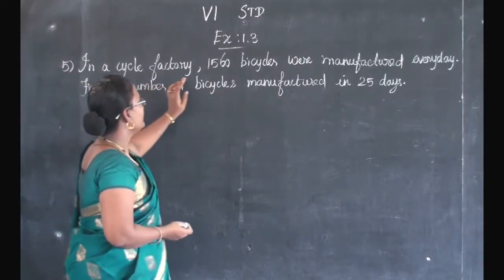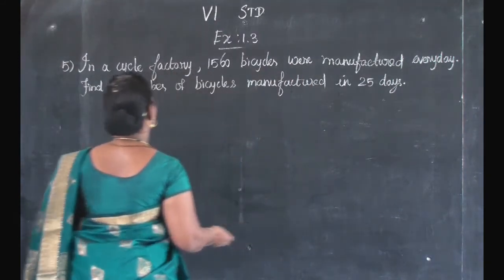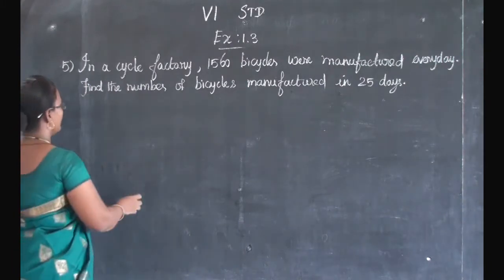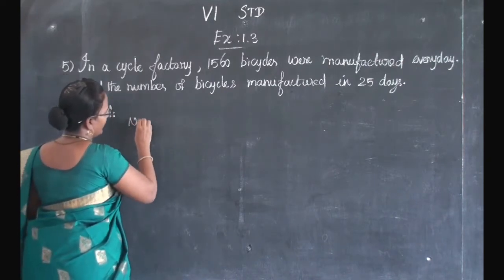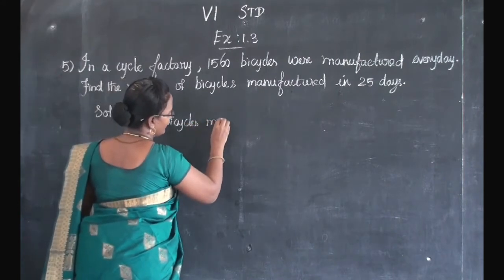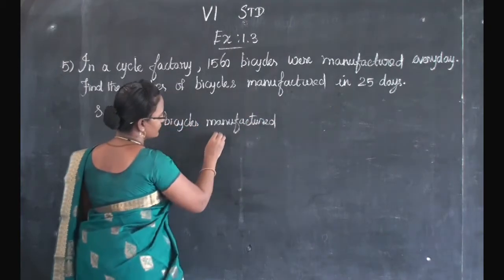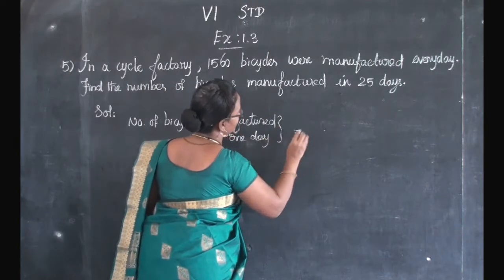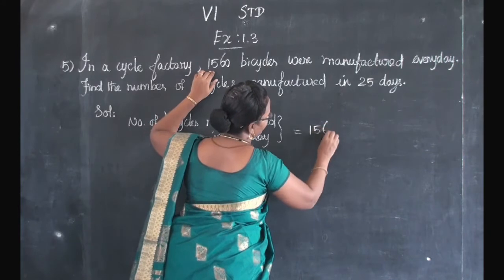Now the fifth one. In a cycle factory, 1,560 bicycles were manufactured every day. Find the number of bicycles manufactured in 25 days. So first, the number of bicycles manufactured in 1 day. One day, how many cycles are manufactured? 1,560.